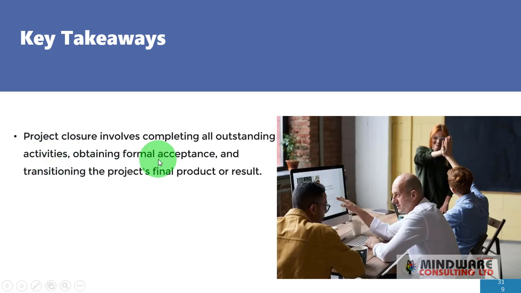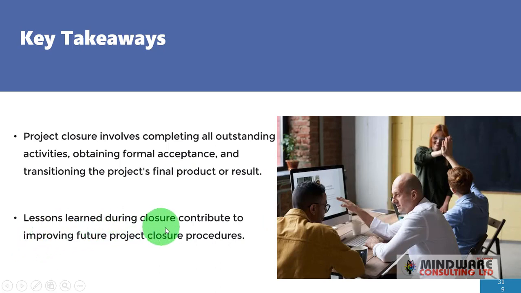Okay, and then you obtain formal acceptance in terms of written documents from the customers or the stakeholders, after which you transition the final outcome, the final deliverable or the product or result to the client or stakeholder in question.